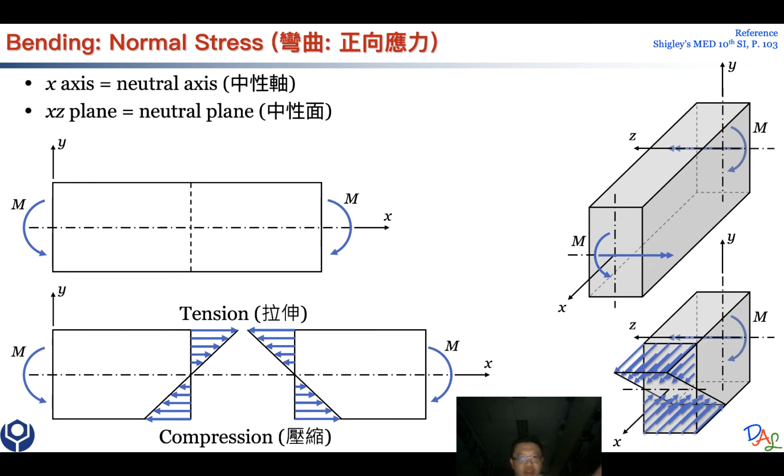So the moment is balanced. But due to this pair of bending moments, the material inside this rectangle is under stress.